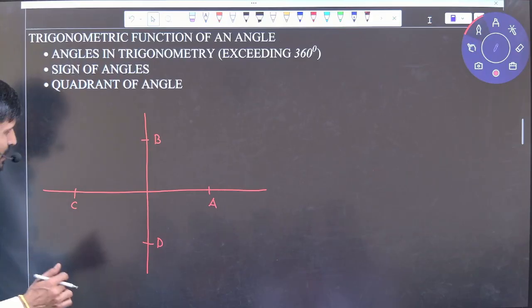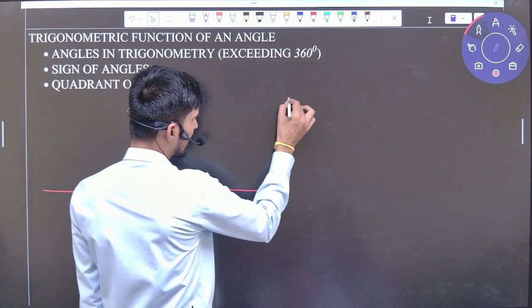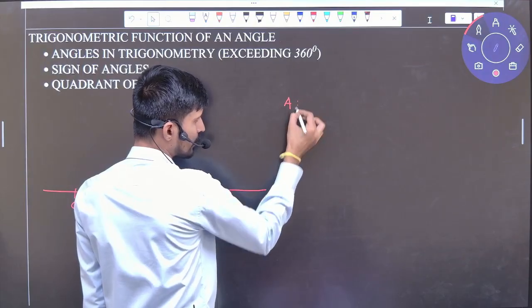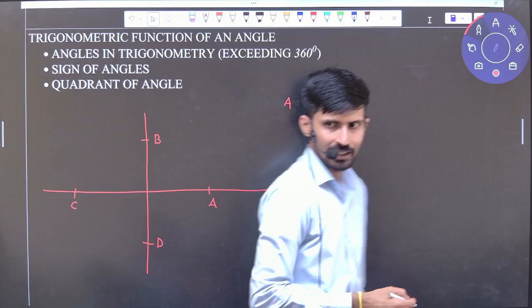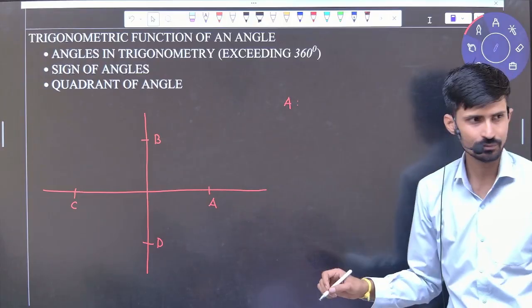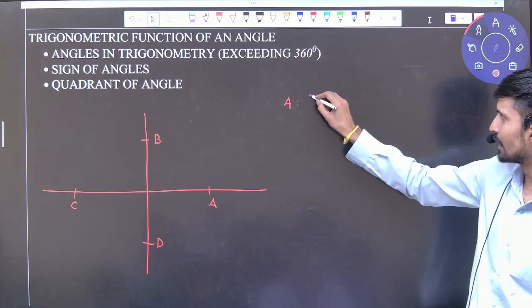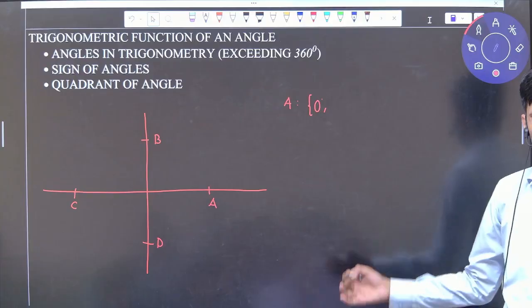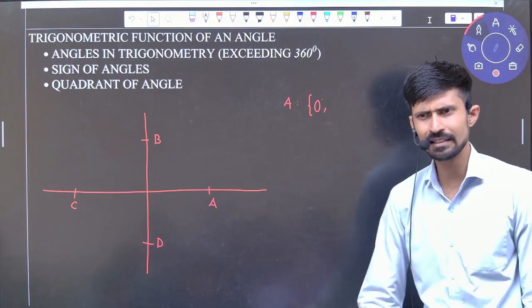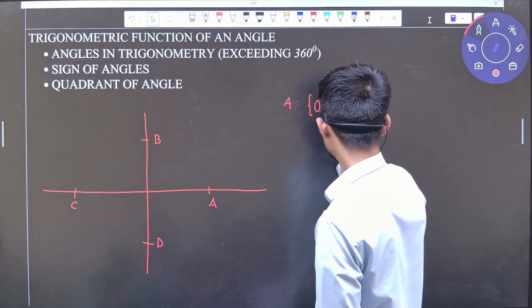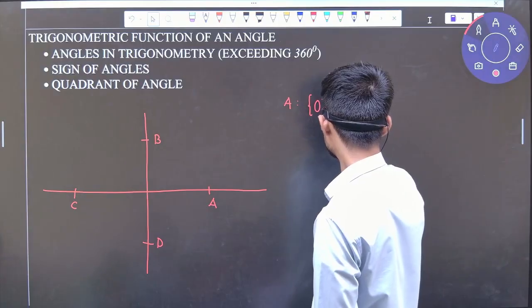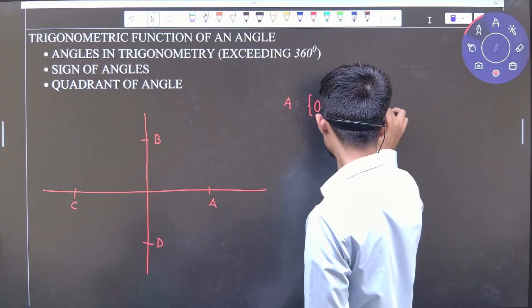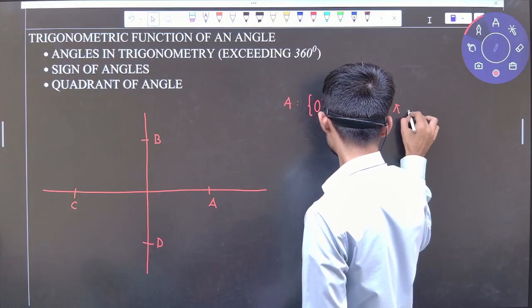Okay, so now see A position, I am going to write A. If I write A point angle, what will it be? 0 degree, yes or no? Let's write it in radian. That radian will be 0, then again that radian will be 2 pi, again that will be 4 pi, 6 pi and so on.